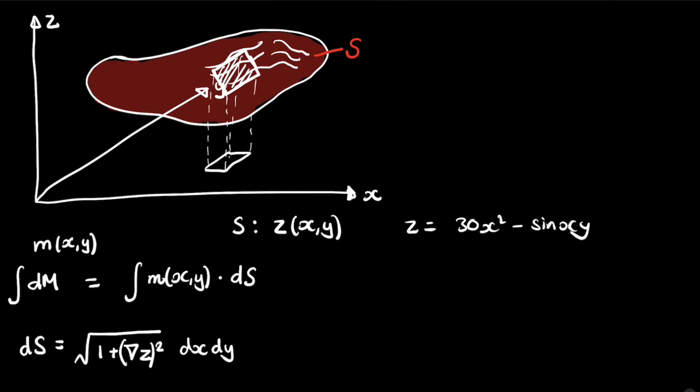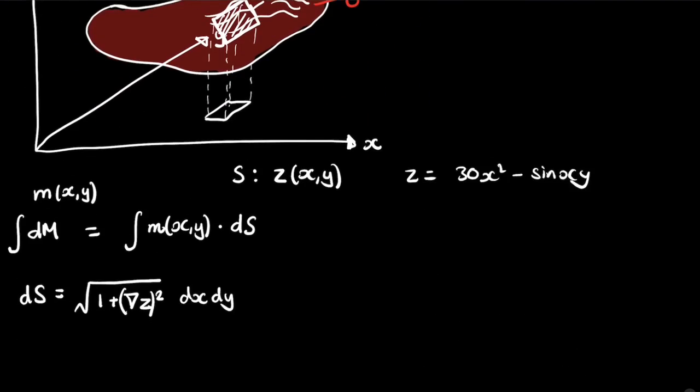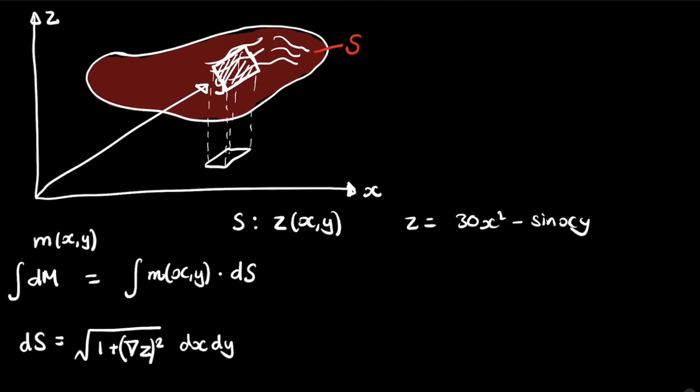And I hope you can see that this is equivalent to the earlier equation. So instead of just simply dy by dx, you have grad of z all squared. Of course, I've only taken the magnitude of the gradient.